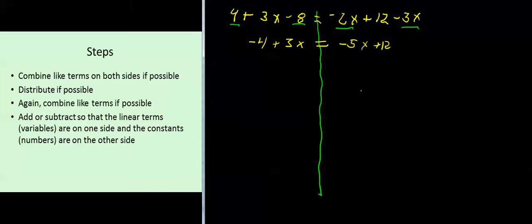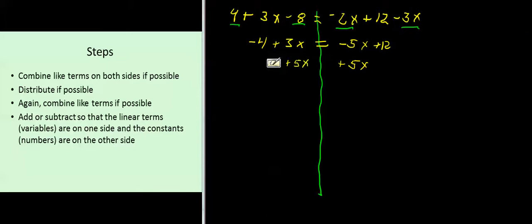Not important, just what I like to do. So I have a negative 5x and a positive 3x. I'm going to add 5x to both sides, plus 5x.